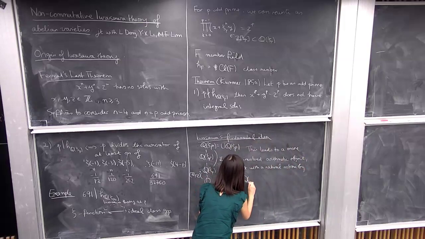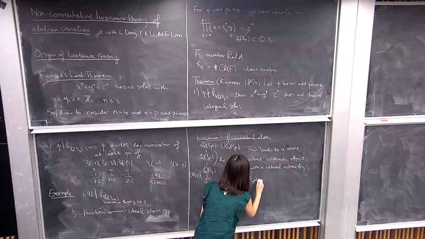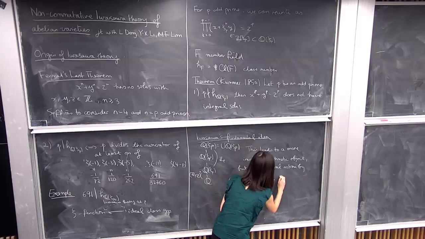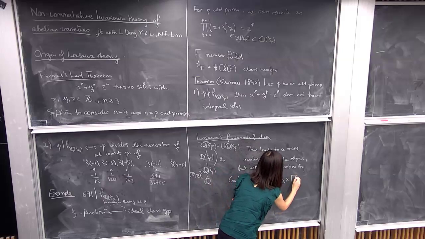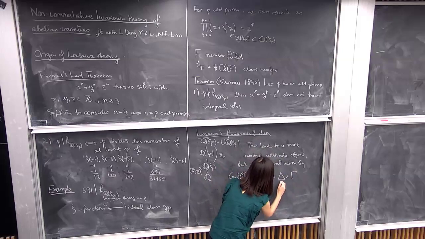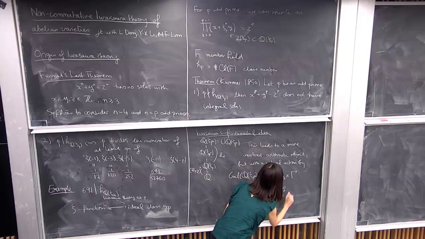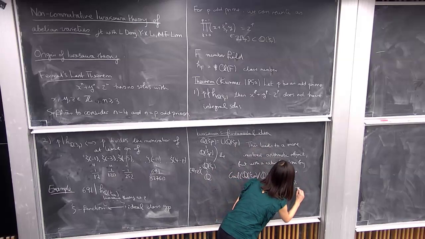The Galois group of Q(zeta_p^infinity) over Q is some cyclic group Delta times Gamma, where Delta is cyclic of order p minus 1, and Gamma is isomorphic to Z_p.